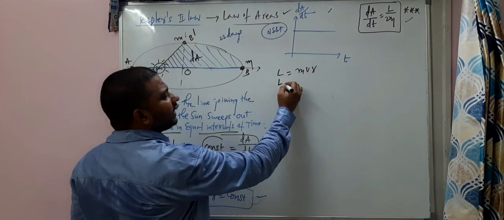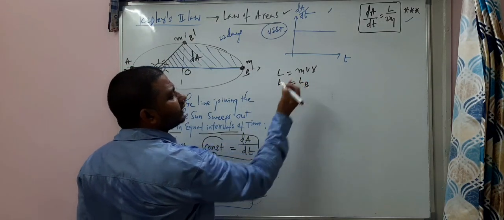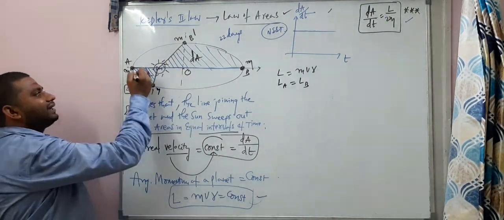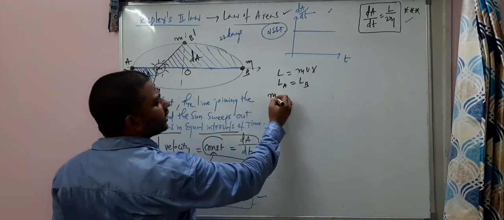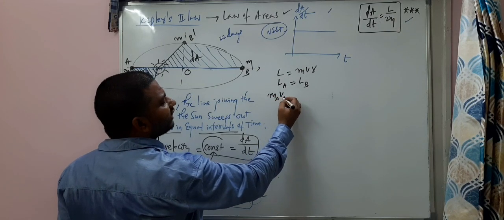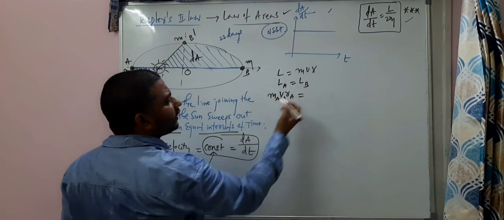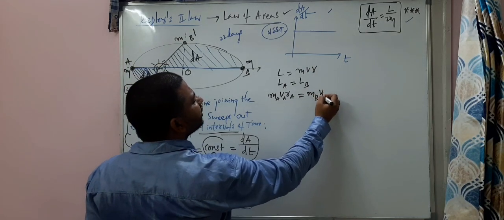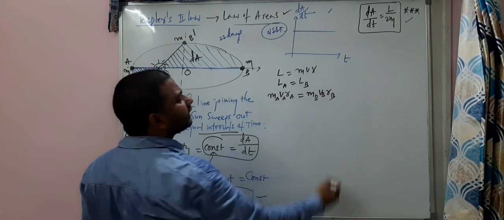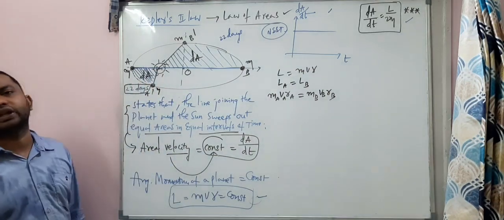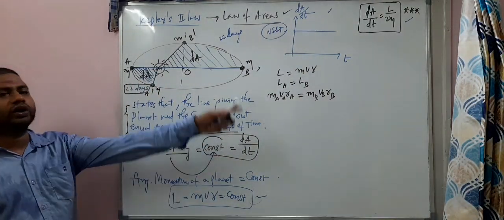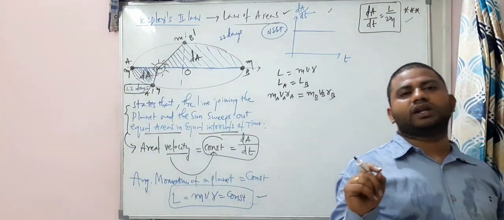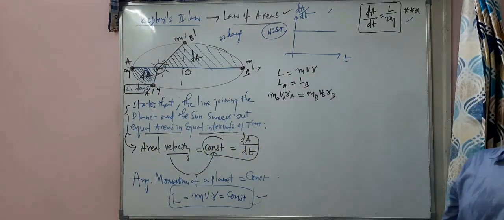So LA is equal to LB. Angular momentum at any point is constant. LA is equal to MA into VA into RA, which is equal to LB is MB into VB into RB. Carefully observe, my dear students, one very important thing we are going to learn. Right after this, the conclusion will come now.